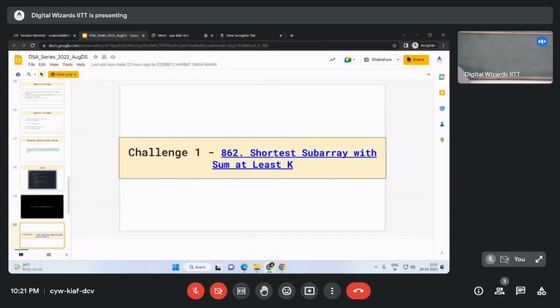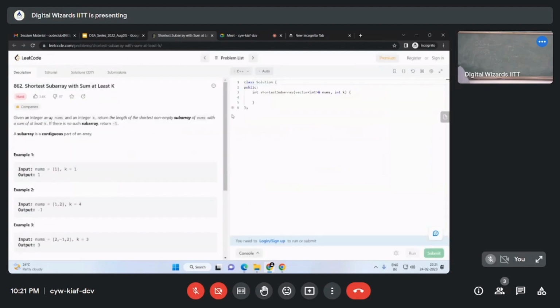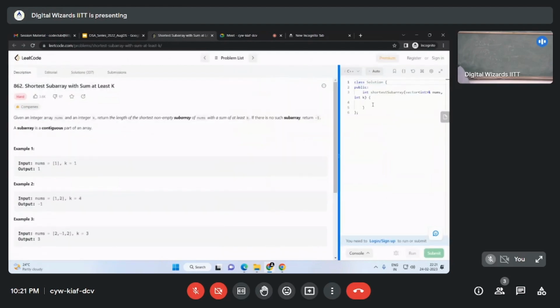Let me just open this. Are you guys able to see just a one-line statement? I can explain the question also.